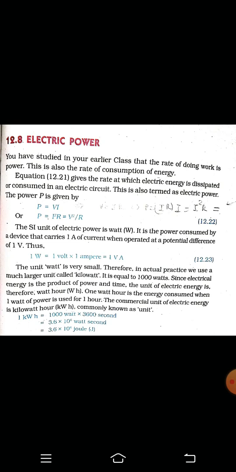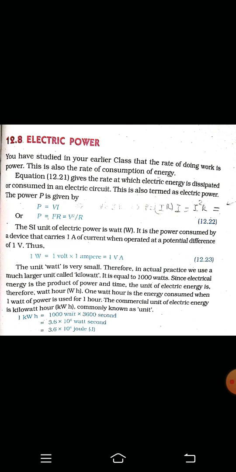And here we have equation P is equal to VI. V is equal to IR. So this V value we will keep in equation P is equal to VI. So then the equation becomes P is equal to IR in bracket and one more I. Two I's are there. That means we can write P is equal to I square R.